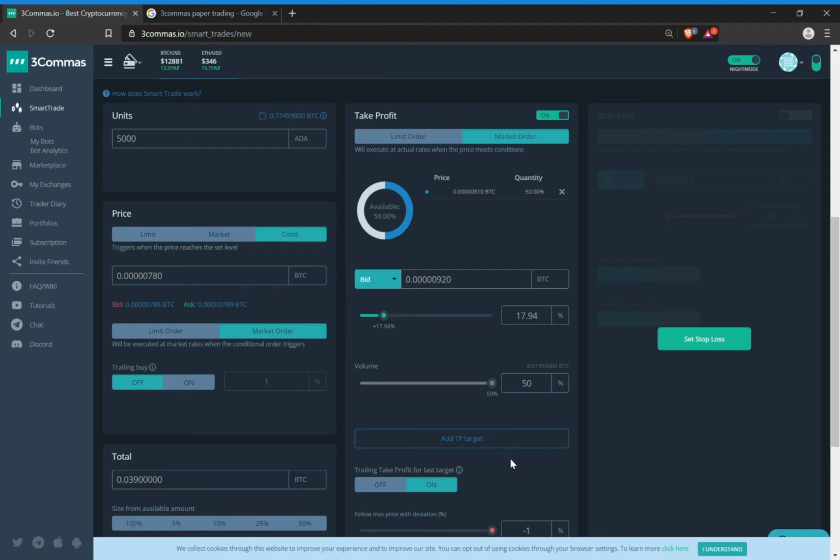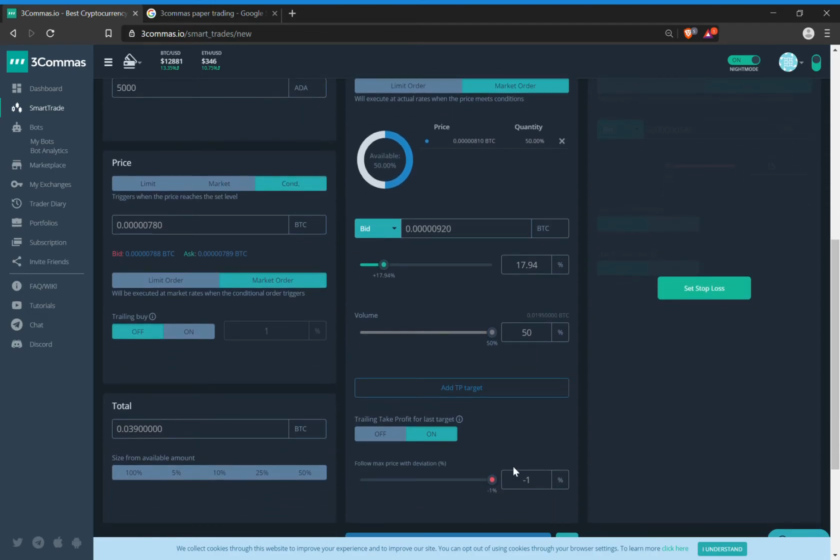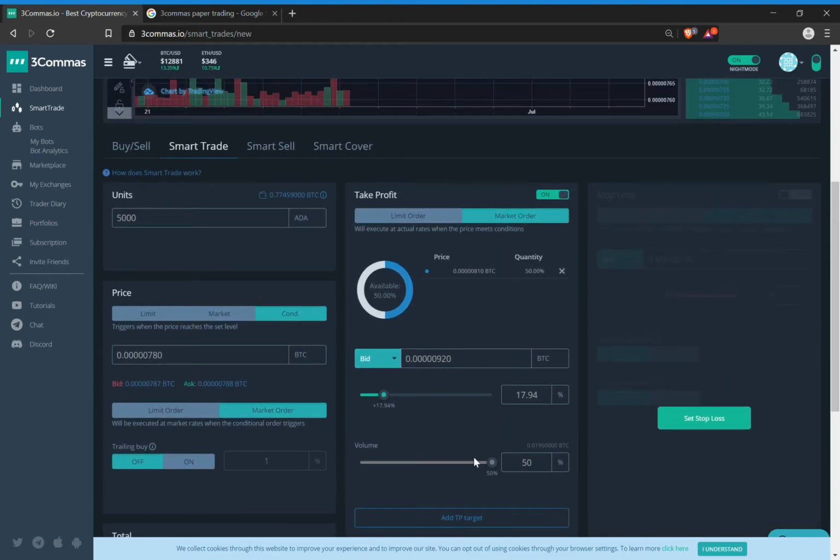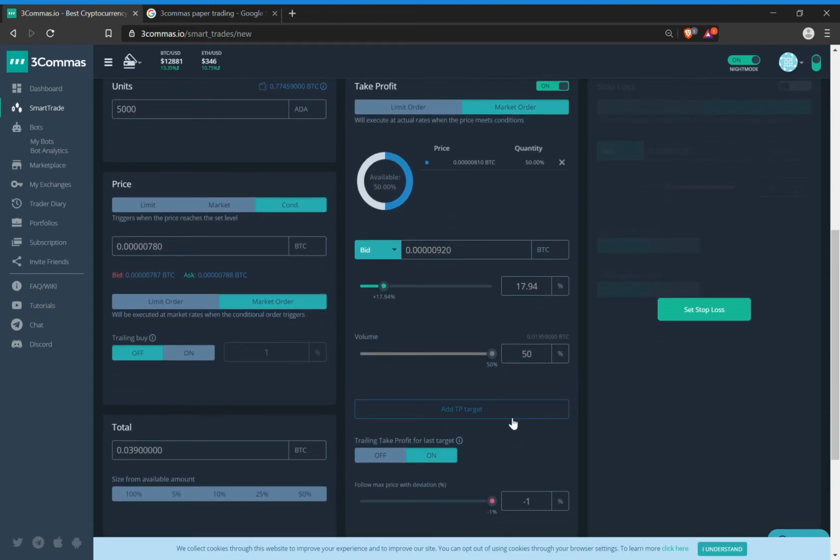All right, and here we can also specify trailing take profit. We can turn that off again for this next take profit level if we just want to take that 17.94% gain and leave it alone. We can do so, or turn that back on. And again, you can adjust the trailing take profit by whatever percentile you want to. Okay, so now let's go ahead and add that target.